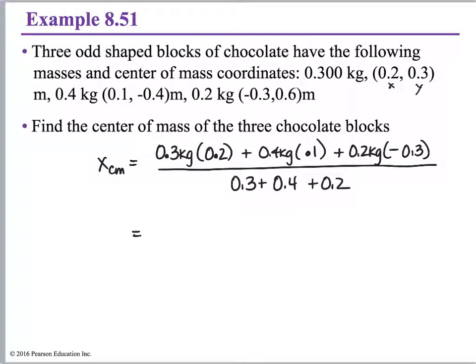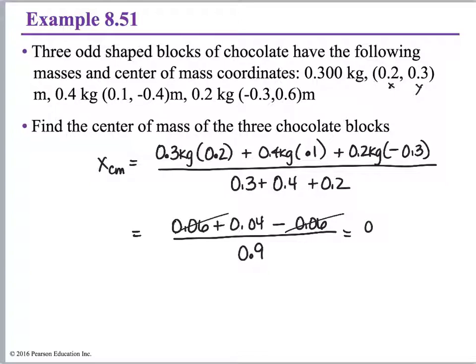And so on the top I have 0.06 plus 0.04 minus 0.06, divided by 0.9. I notice these two would cancel out, so I'm just left with 0.04 over 0.9, and I get a value of 0.044 meters. So that is the X center of mass position.